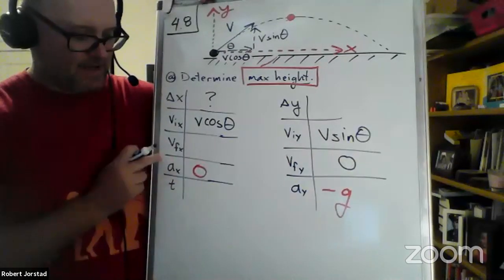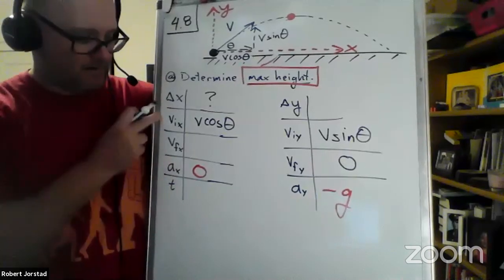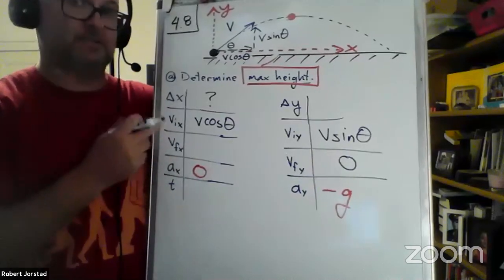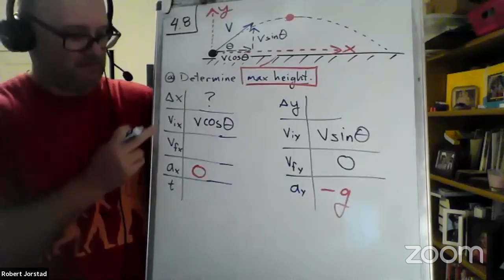So somebody else, if a sub x is 0, how much is the velocity in the x going to change? If ax is 0, what do you think? Is it the same? Yeah, excellent. Nice job.